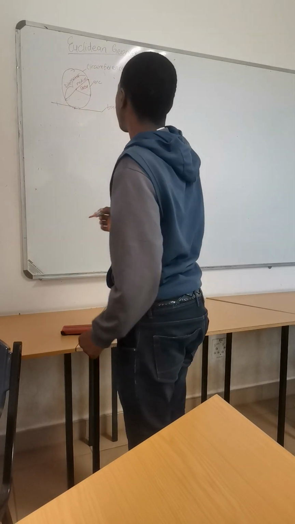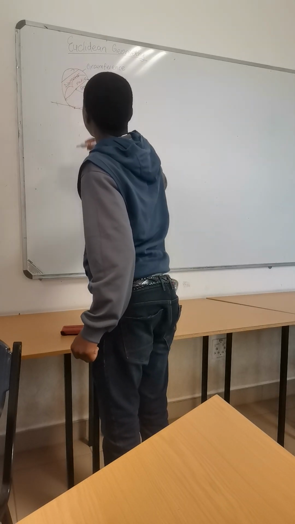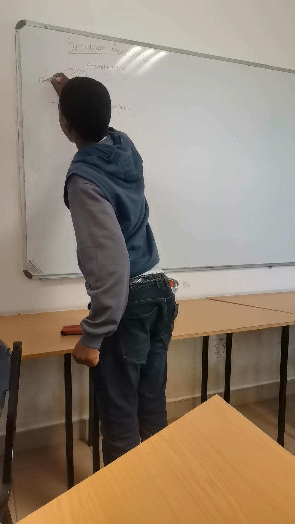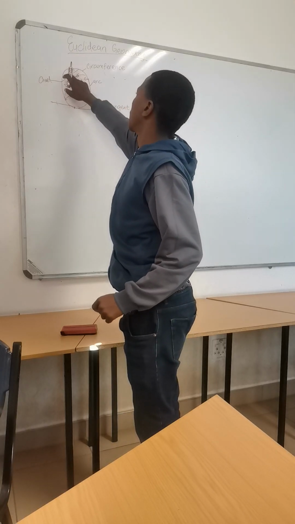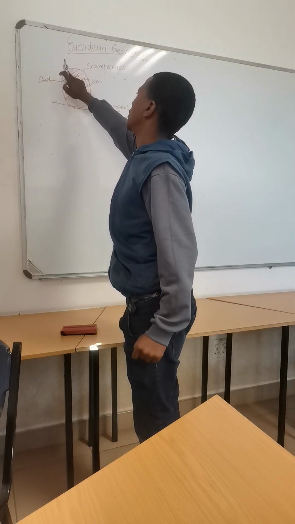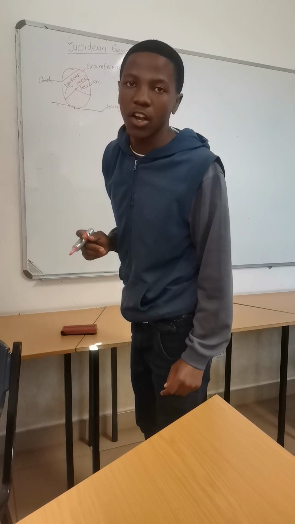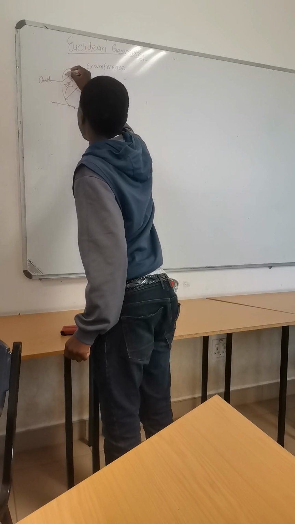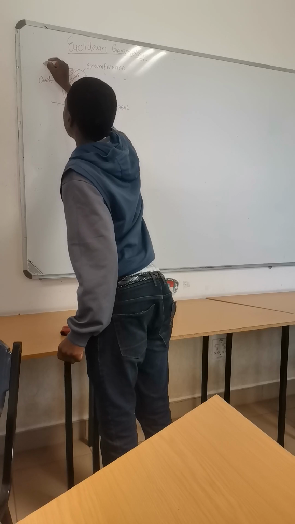From this part up to that part, this is a chord. A line that is drawn from one point on the circumference to another, that is what we call a chord. And the space between a chord and the circumference, we call it a segment.